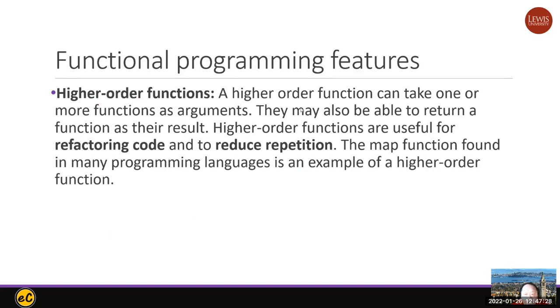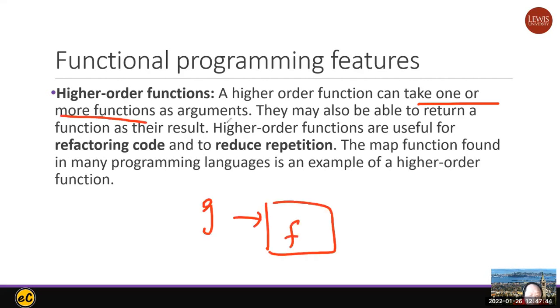A higher order function can take one or more functions as arguments. They may be able to return a function as its result. So higher order function means that you can take one or more functions as arguments, and then you can return another function.